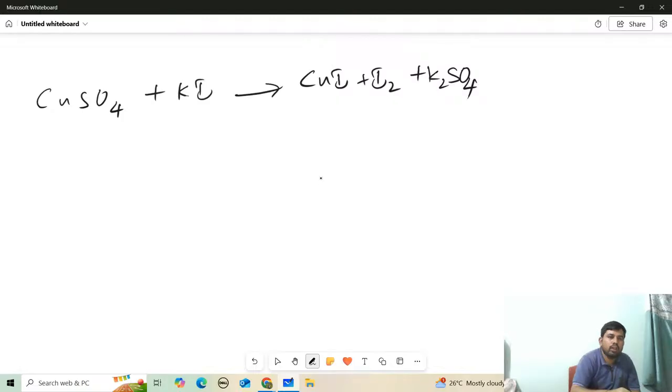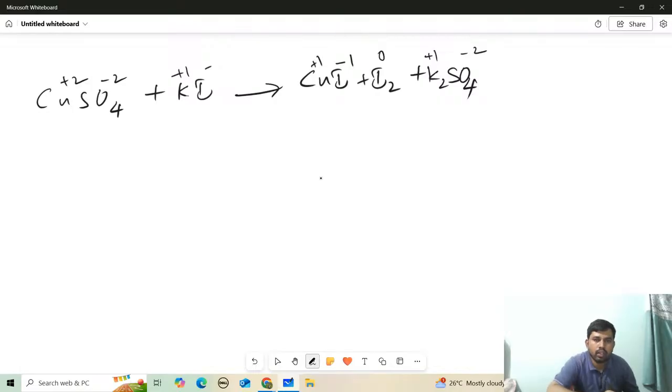Now let's find out the charges. SO4 is minus 2, so copper is plus 2. Potassium is plus 1, iodide is minus 1. In copper iodide, copper is plus 1 and iodine is minus 1. The elementary form I2 is 0. K2 is plus 1 and SO4 is minus 2.